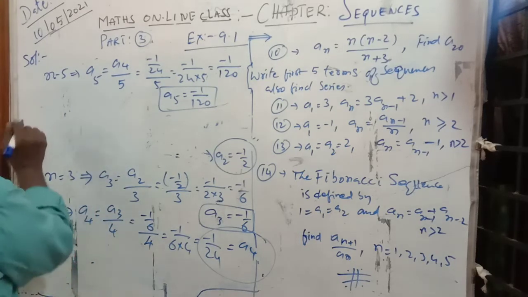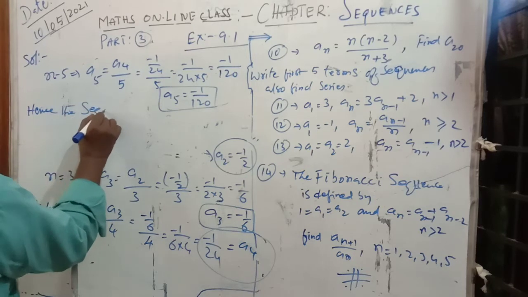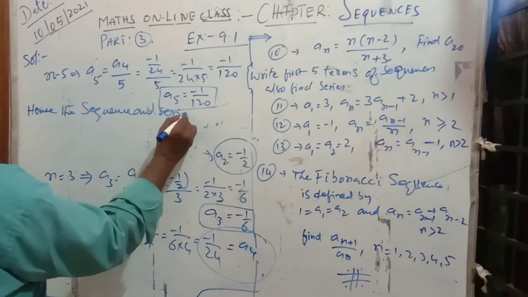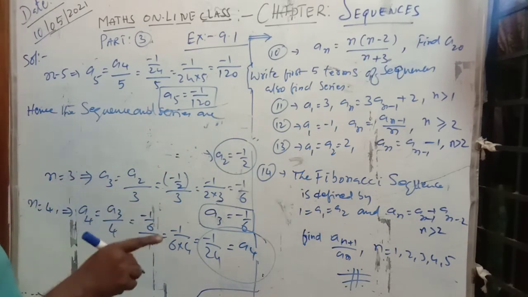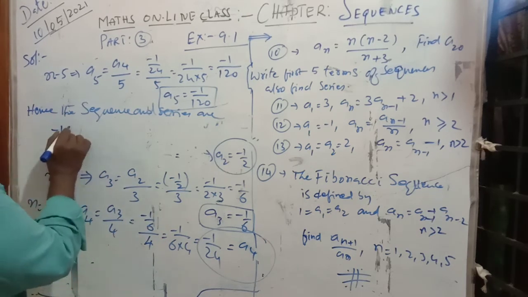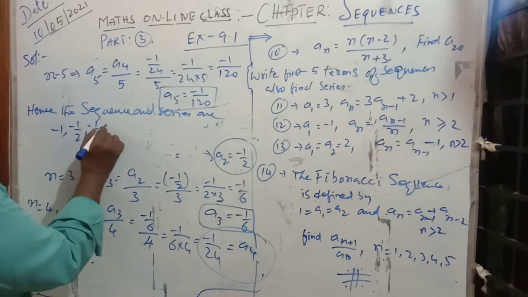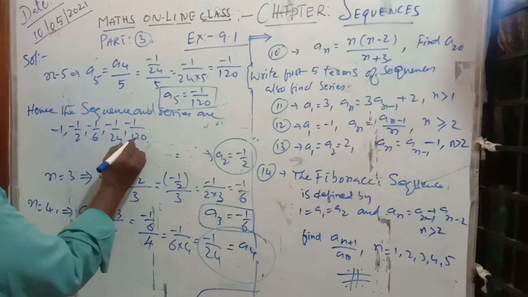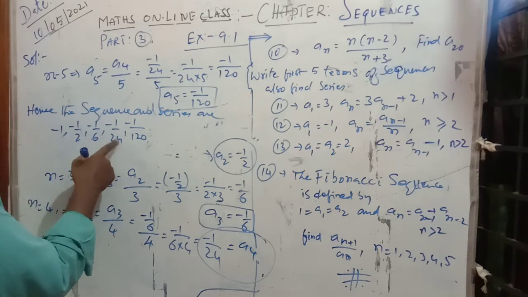Hence the sequence and the series are similar. For the first problem also we have to write like that only. With the minus 1 comma minus 1 by 2 comma minus 1 by 6 comma minus 1 by 24 comma minus 1 by 120. The first value is given. A1 is given. A2, A3, A4, A5.